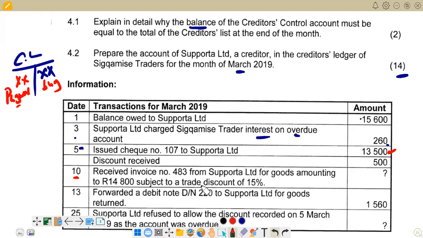Remember, a trade discount is a discount that is given and it is not shown in the books of account. It is very important to take note that trade discount is not shown in the books of account. You just calculate it and remove it, and you enter only the net figure after removing the trade discount. In this case, we are having 15%, so we calculate the discount and remove it.